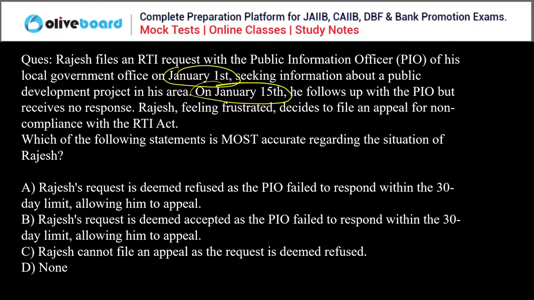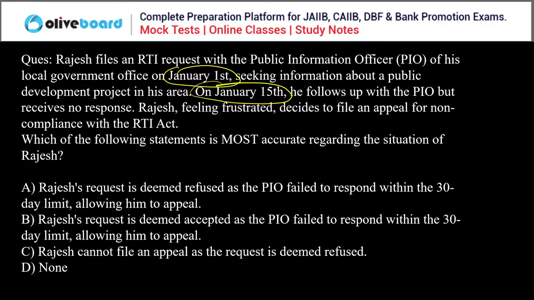When the PIO is not able to respond within this particular time period, your request has been refused. But when your request is refused, still you as a person can file an appeal against the PIO decision. You have the power to make an appeal against the PIO's order, right?